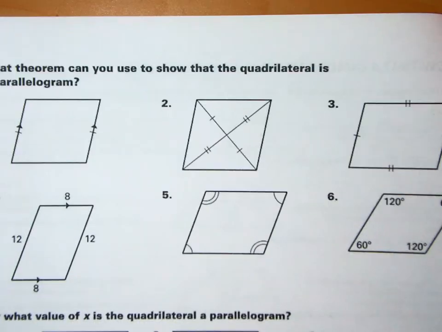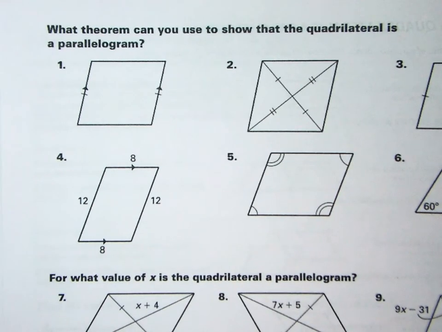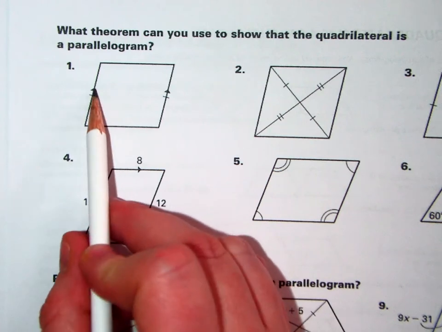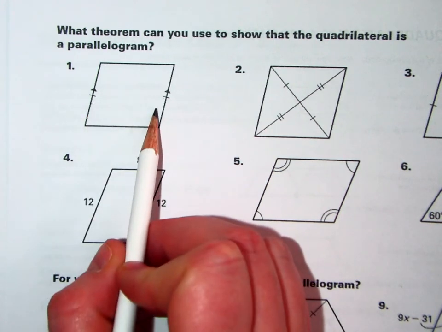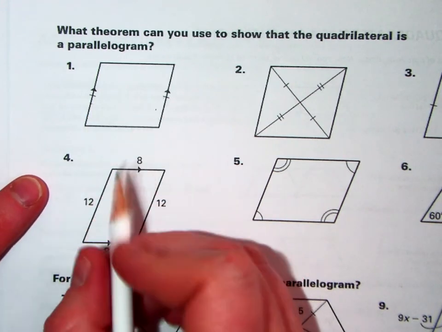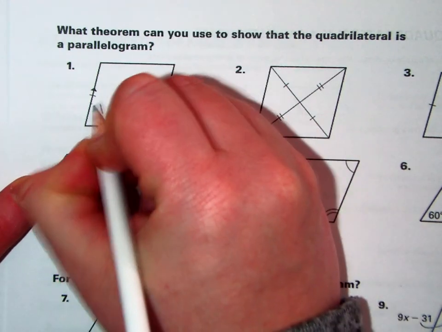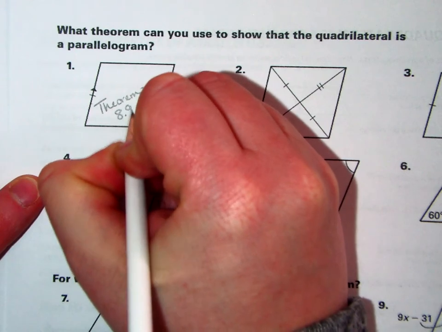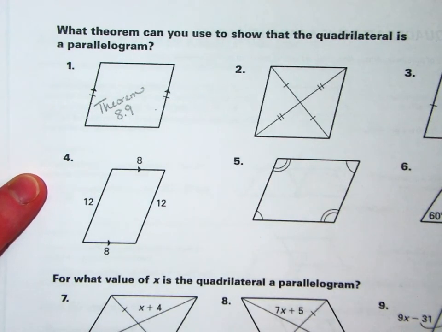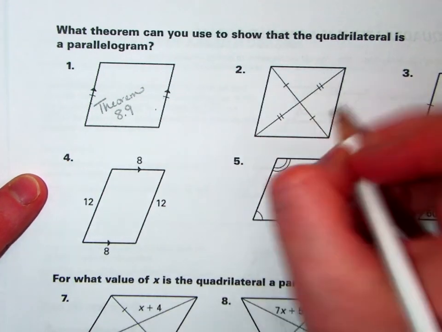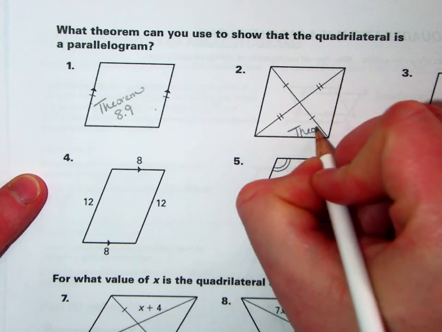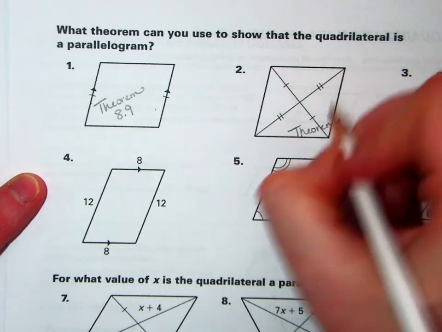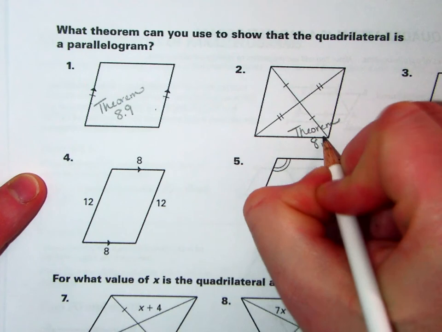Okay, so going on to the problems, what theorems can you use to show this? So, parallel, parallel, congruent, congruent, we come down to theorem 8.9. Okay, diagonals bisect each other, 8.10.